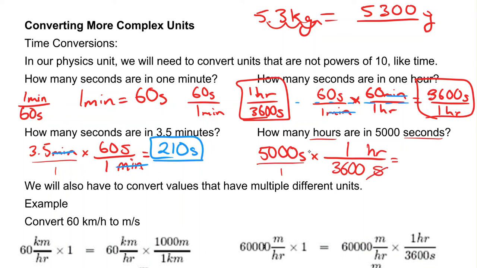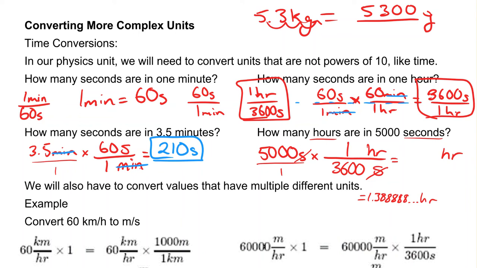So the seconds and the seconds cancel out, and we're left with hours. And when we perform that calculation, we get 1.38888888... forever hours.